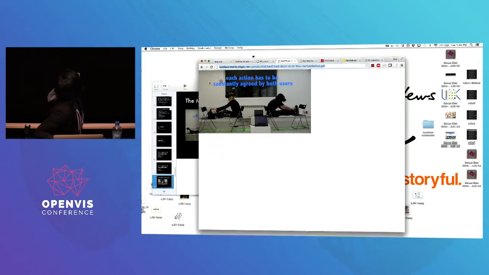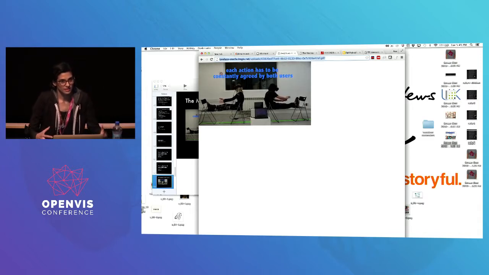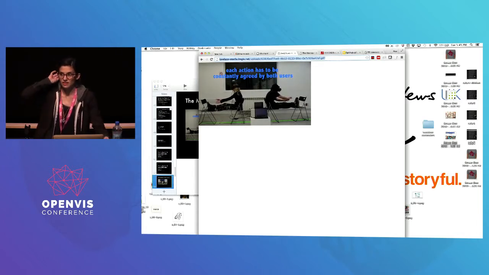This is called The Machine to Be Another. These two people are wearing that, and they are seeing the other person's body in their eyeballs. And that is crazy. People talk a lot about empathy being the most important thing for journalism right now, being able to harvest empathy, make people feel something, make people understand the point of view of another person or group of people in the world.